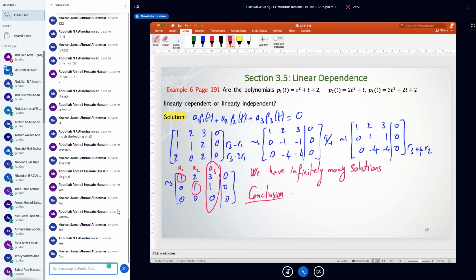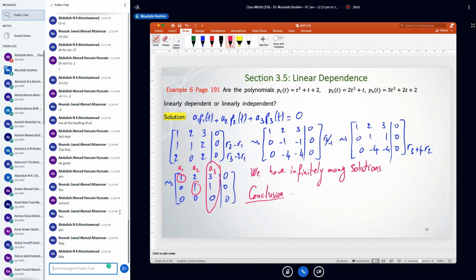Very good, it's linearly dependent. So this time let's write the polynomials. P1 of t, P2 of t, and P3 of t are linearly dependent because we have infinitely many solutions. Please take a screenshot.